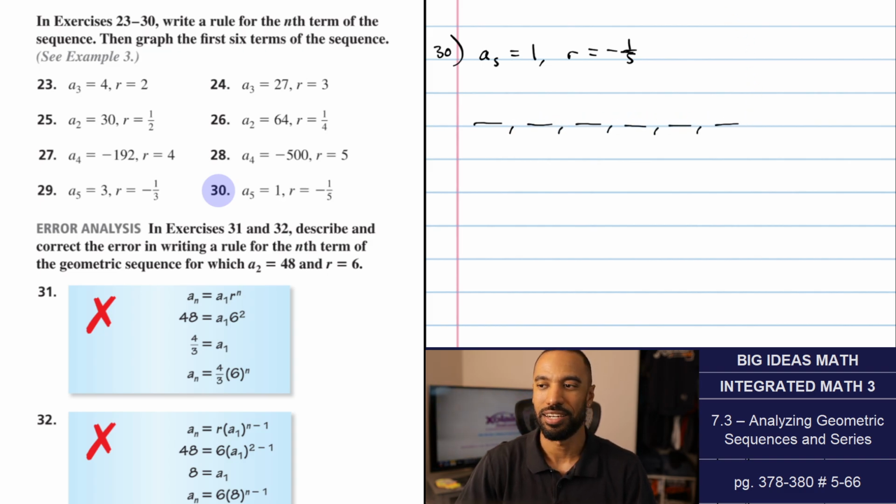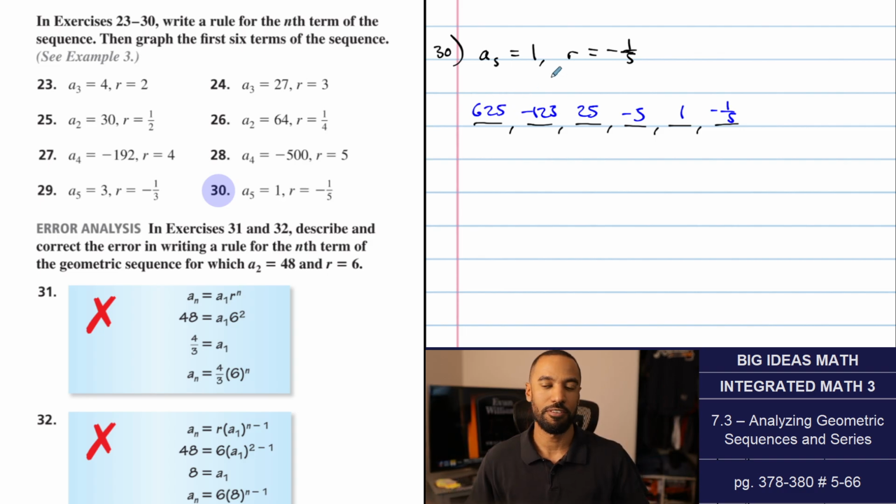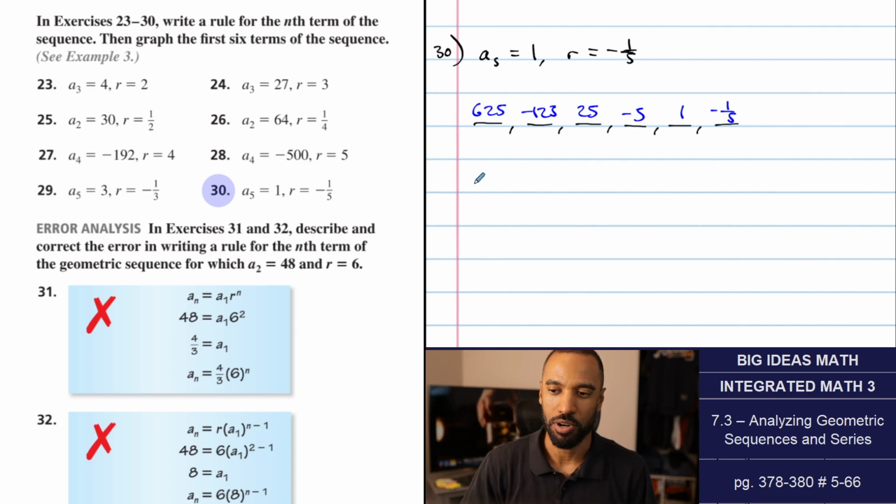So why not just say, hey, this is my fifth term. Multiply by negative 1/5 you get here. Divide by negative 1/5 is times negative 5. So let's just work backwards anyway and get these numbers there. And boom, I have my first term. I mean, roll backwards. I didn't even really think about that for previous questions, but yeah, I got my first term. I have my common ratio, and we have that there, right?